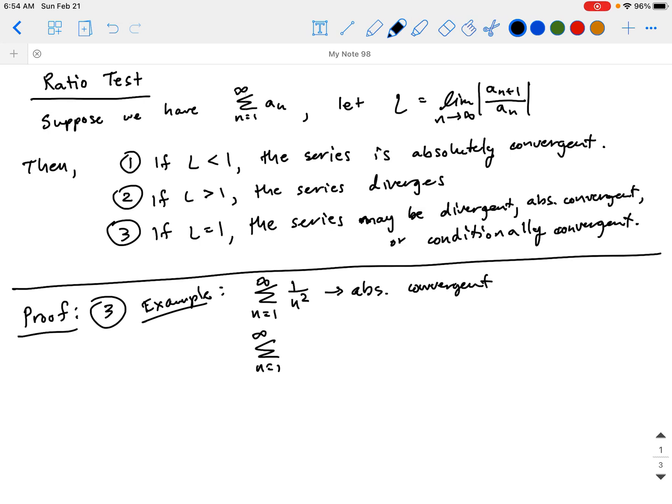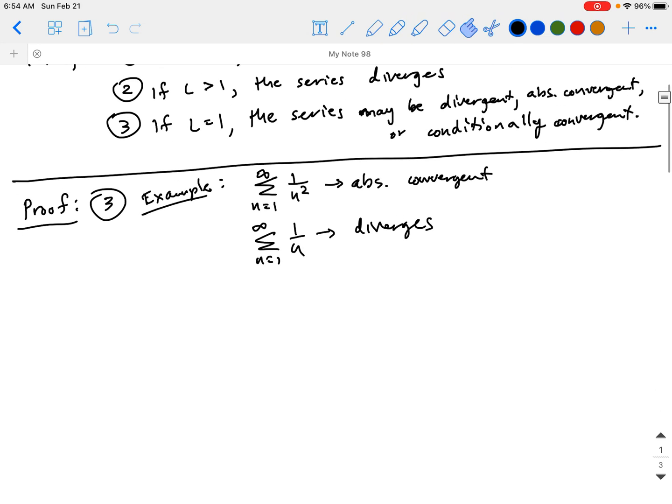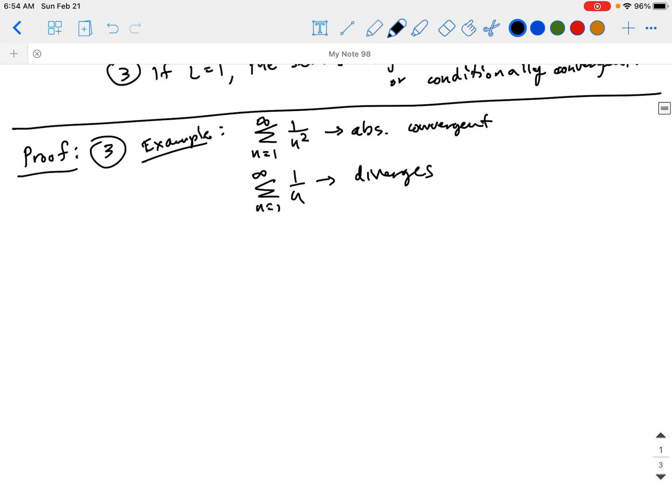If we want divergent, we could use our harmonic series, of course. So again, we'll get L is equal to 1, and we know that our harmonic series diverges. And then finally, we'll take the alternating harmonic series, which is conditionally convergent, right? So this series converges by the alternating series test.